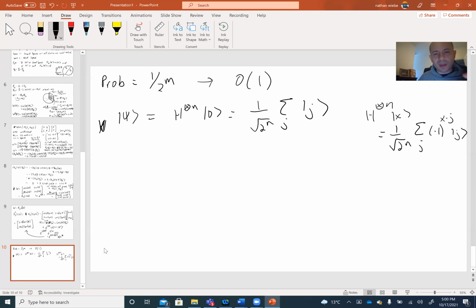So this is our state psi. And so our reflection about psi is just, of course, going to be I minus 2 psi.